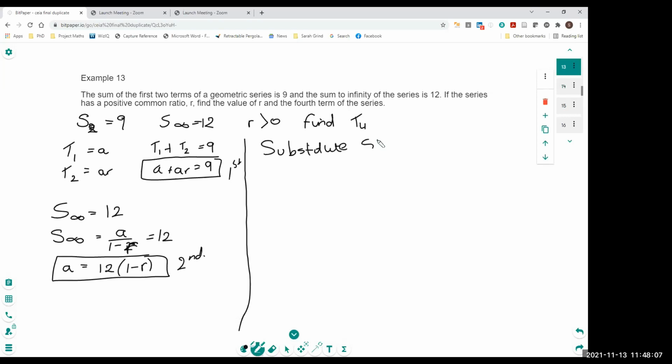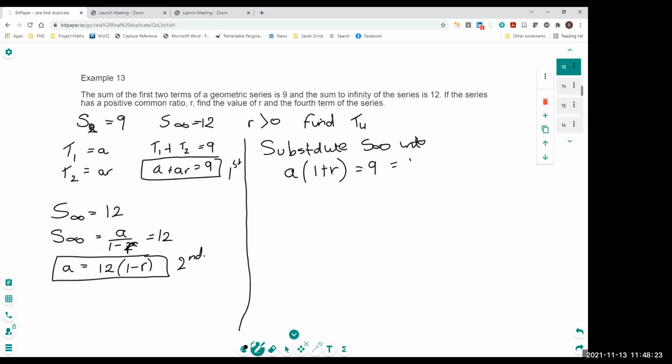We're going to substitute S of infinity into S of 2. So we have A times 1 plus R is equal to 9.